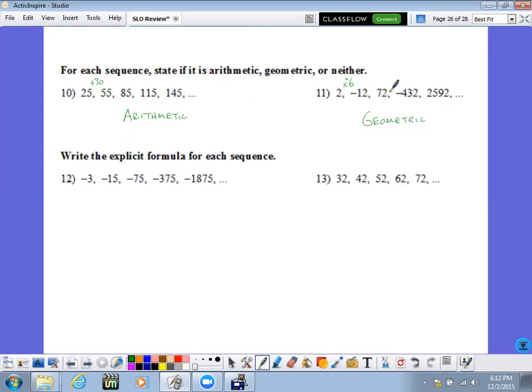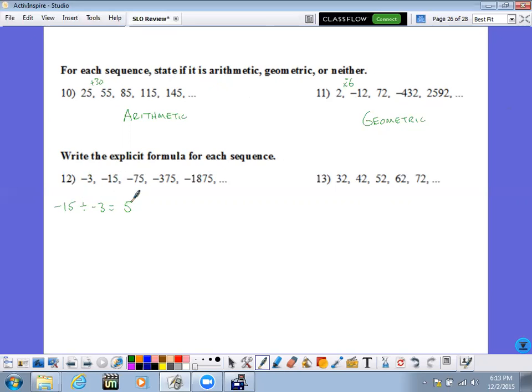All right, the next question says, write the explicit formula for each sequence. So in this case, the first thing you have to do is figure out, is it arithmetic or geometric? If I look at it, it's going up really fast. See how those numbers get big, or actually in this case kind of really small when you think about negatives? So my brain should say, hey, probably geometric. So then I'm going to do this divided by that. So -15 divided by -3 gives me a +5.